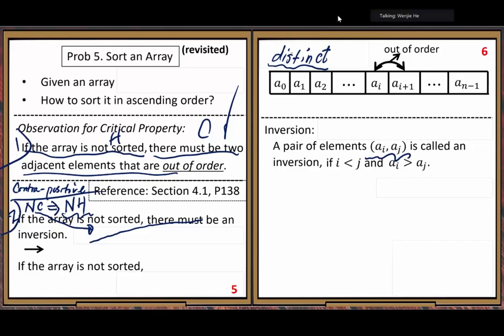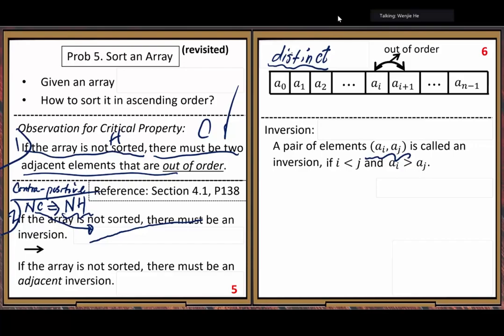Why do you get a contradiction? Because your first step, the negation, is wrong. If that is wrong, then the original conclusion statement is correct. So that's our practice of the contrapositive method. A simple example.